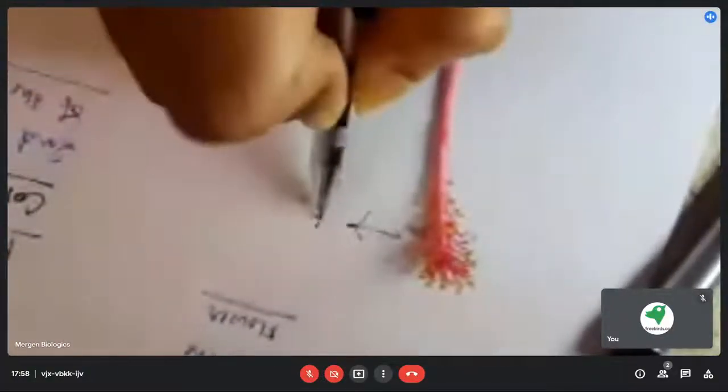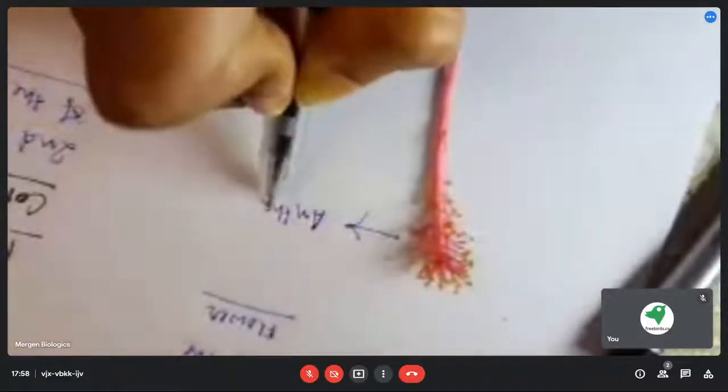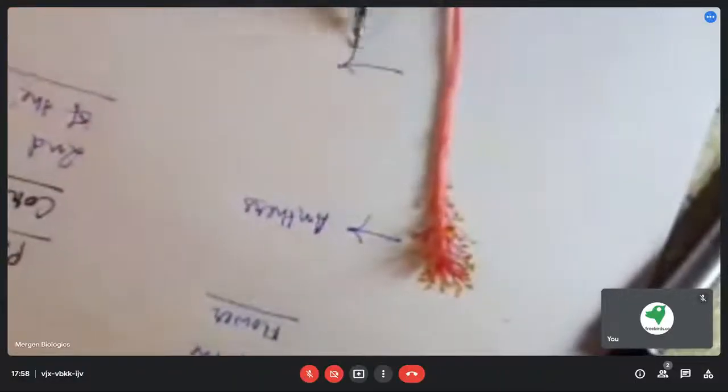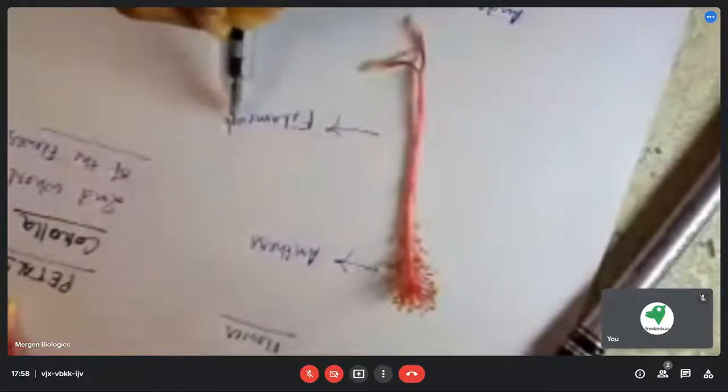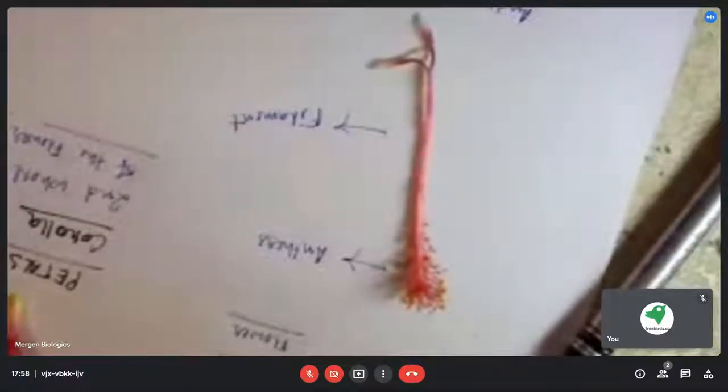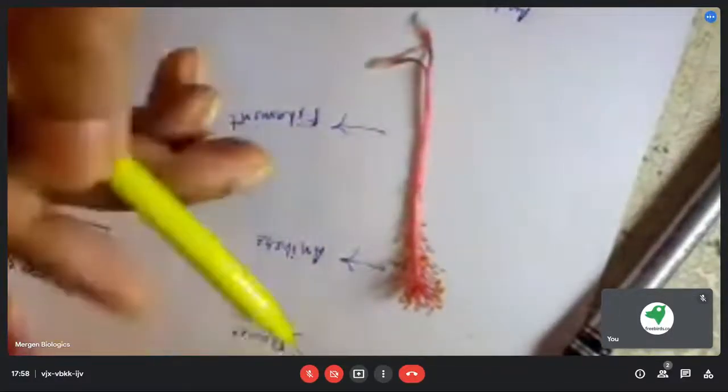One is the anthers, and this is the filament. So these anthers are actually sac-like structures.